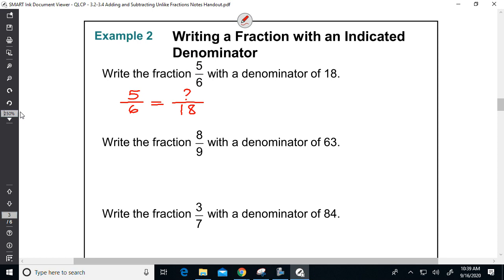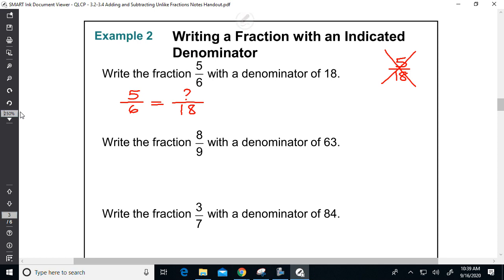You can't do one without the other. Most people get this wrong by putting 5 over 18. That's 100% wrong. It's not 5 over 18.